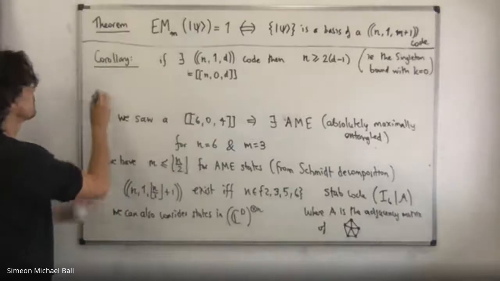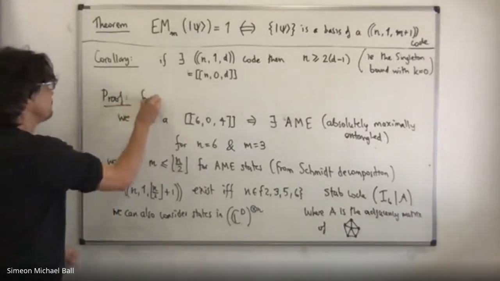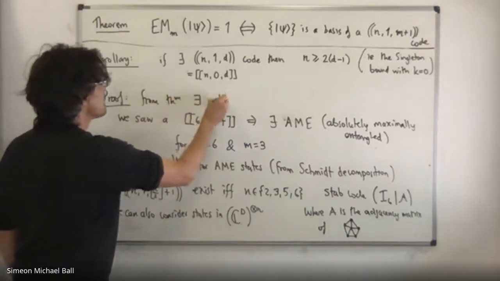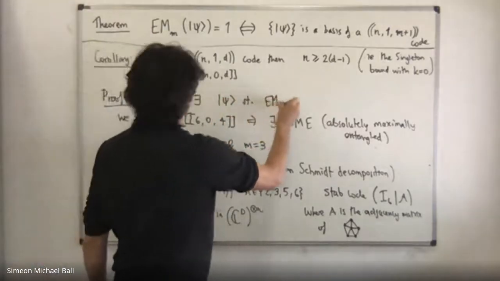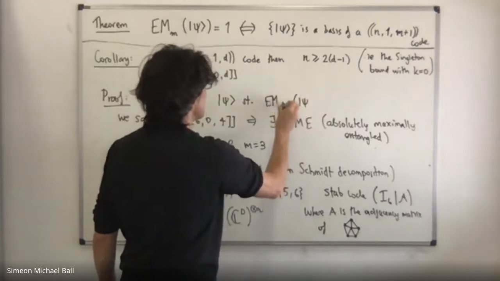Because of the theorem, there is this state such that E_M was, so this would be E_D minus 1.